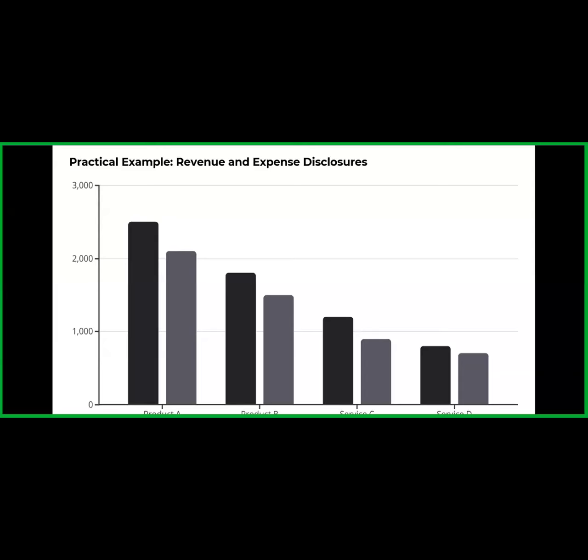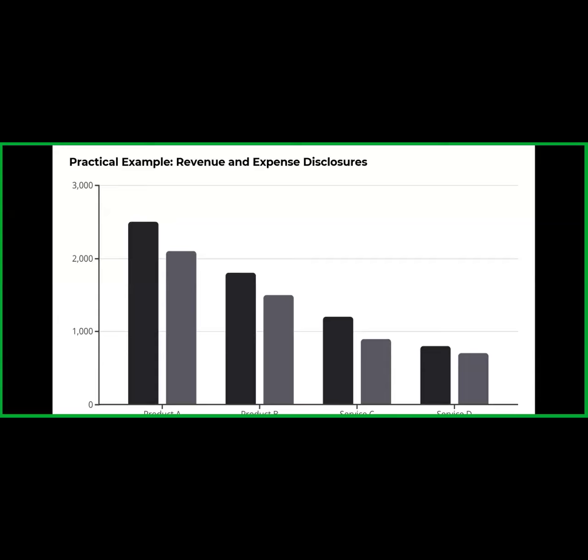If the company only shows the total revenue, we are not able to understand what revenue it generates from product A, from product B, from product C, from service C, or from service D.